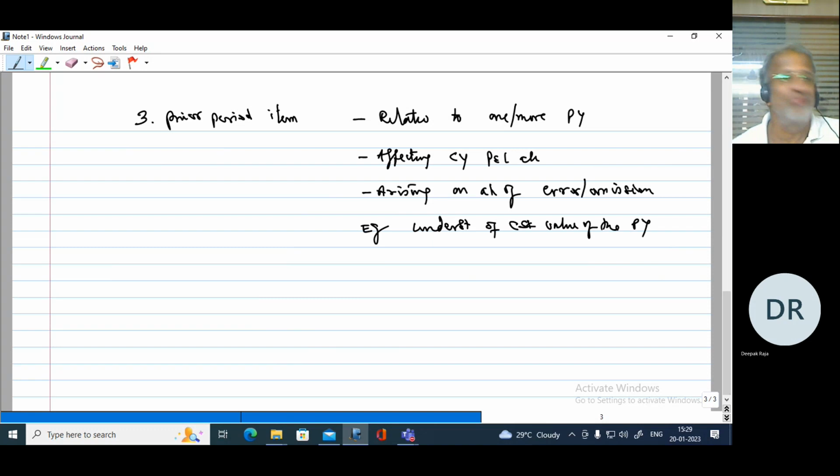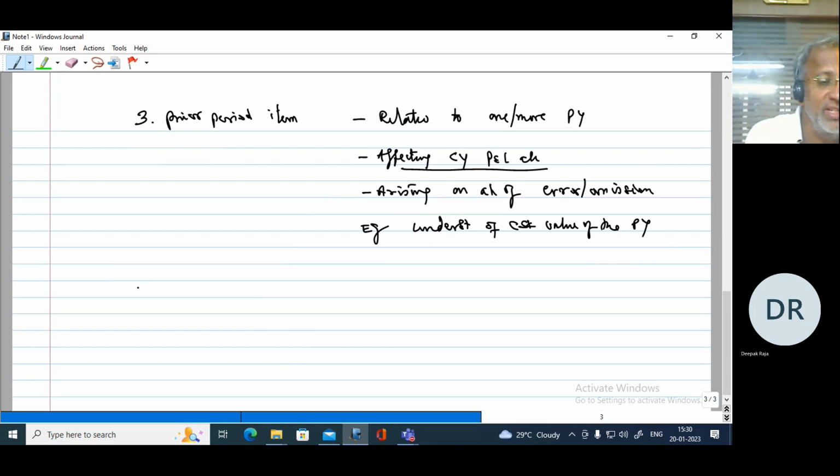If it is not affecting the current year's profit and loss account to a great extent, if it is not material, then it is an ordinary item. The nature and amount of prior period items should be disclosed separately in the statement of P&L account in a manner that their impact on the current year's profit or loss can be understood. So that means compulsorily we have to state it.